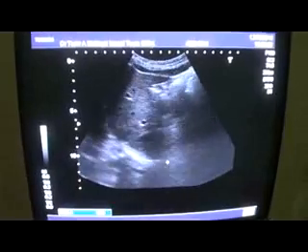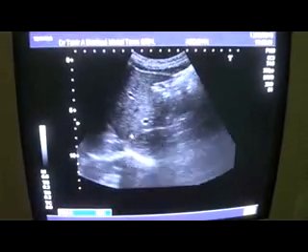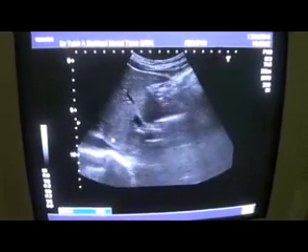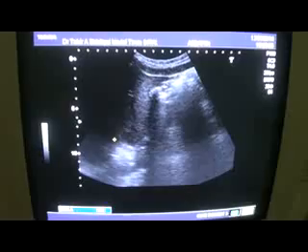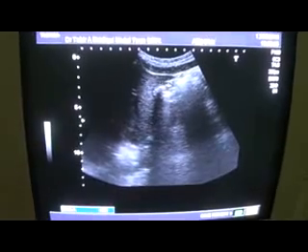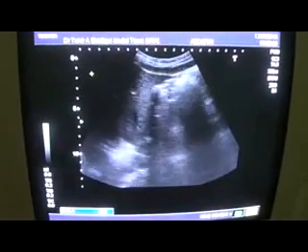This is the caudate lobe, this is the ligamentum venosum. So outer surface of the liver angle, the liver angle is sharp, outer surface is smooth.